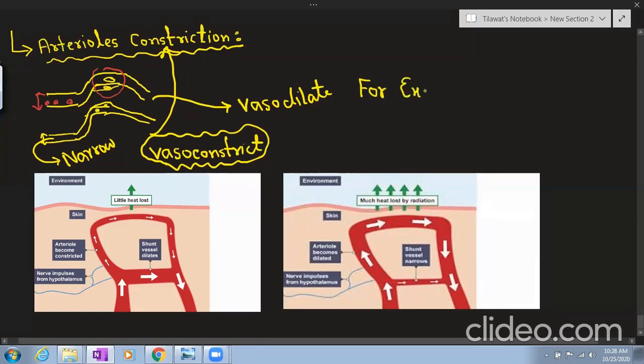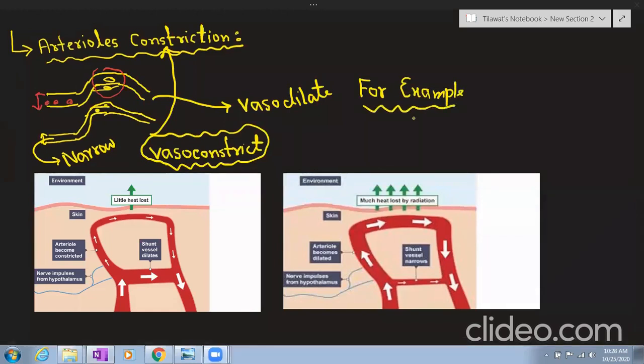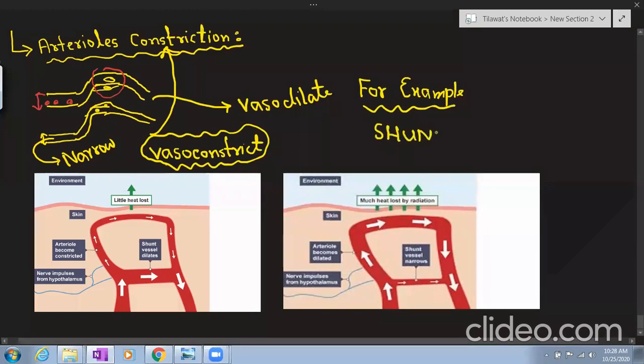Now we are taking here an example of shunt vessel. Shunt vessel is present near your skin, right?